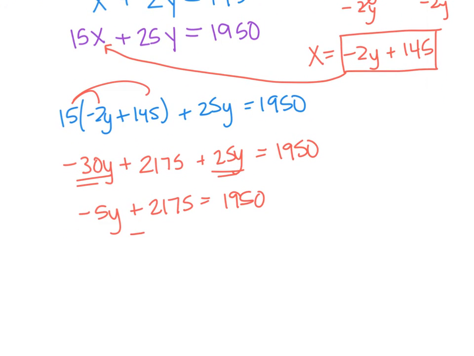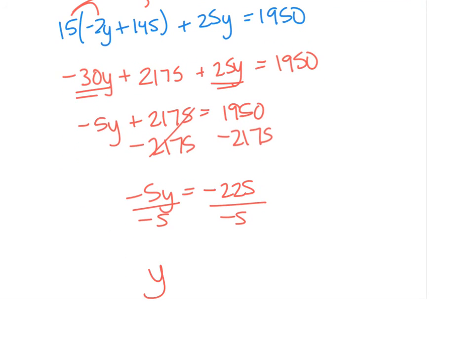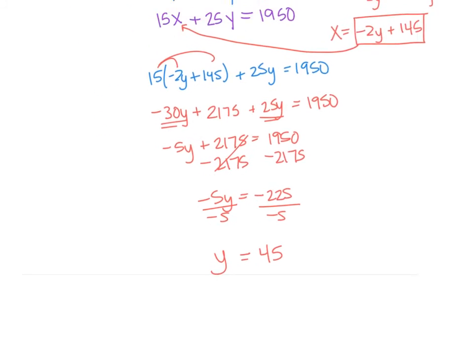And then we subtract. So we have negative 5Y equals negative 225. Divide both sides by negative 5. And Y equals 45. So that means that there were 45 couples tickets sold.